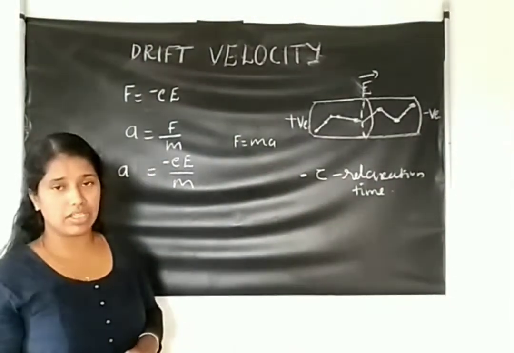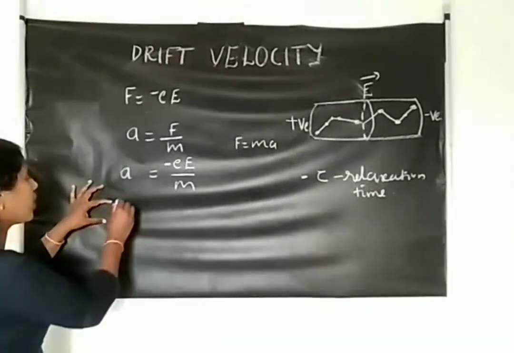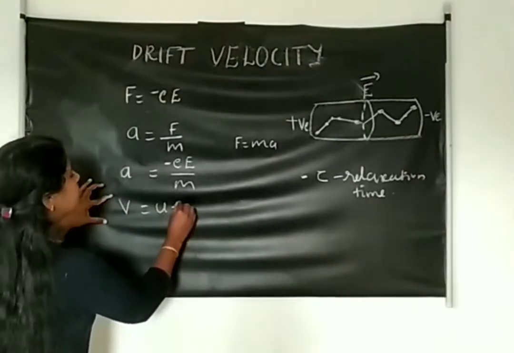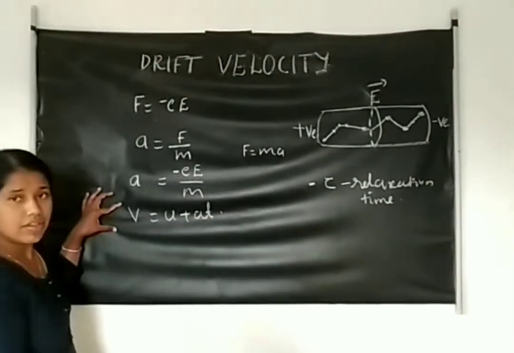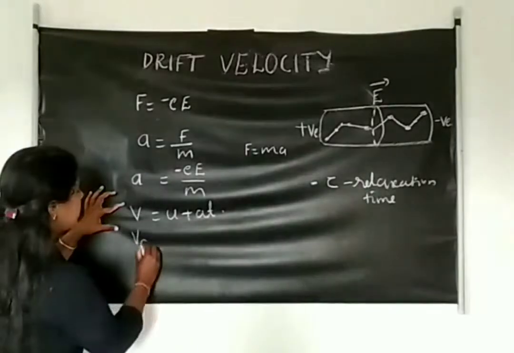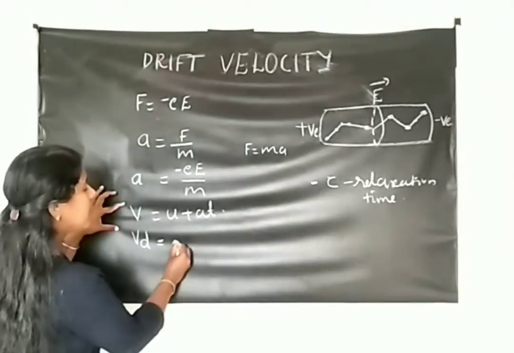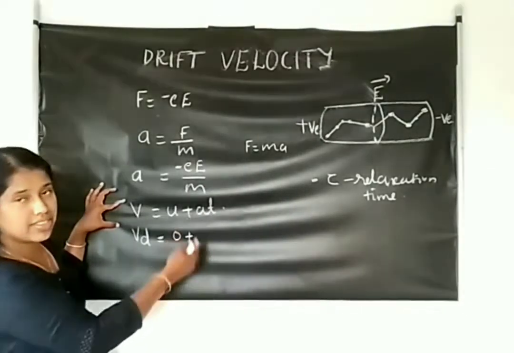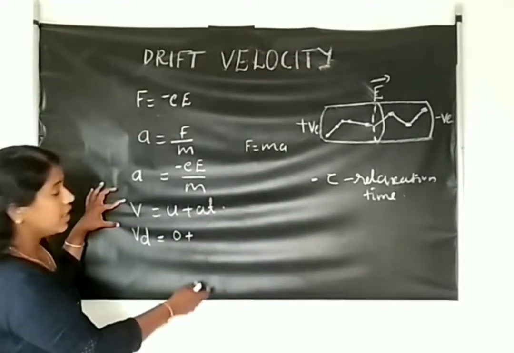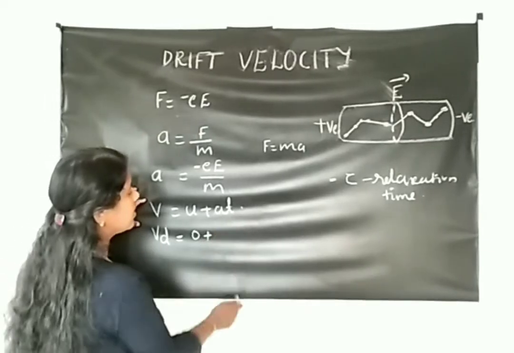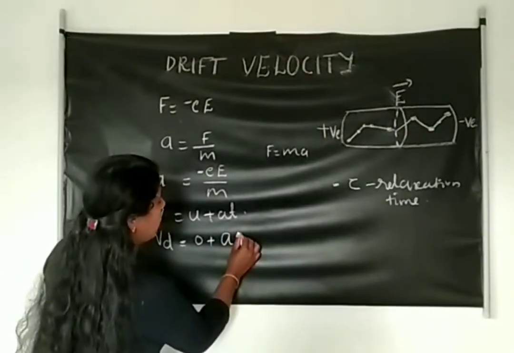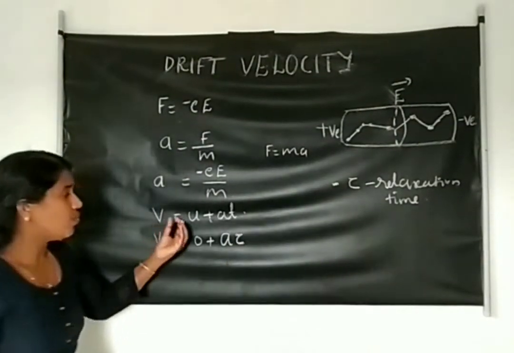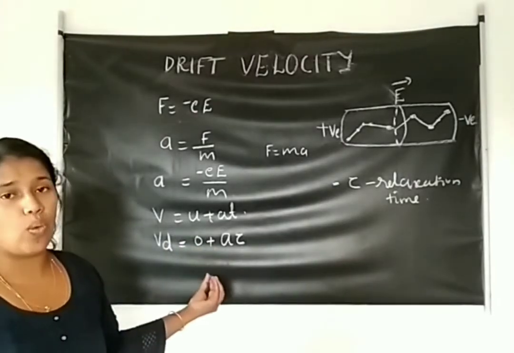Then we know the equation v = u + at. Here v is the drift velocity, and u is the initial velocity, which is equal to 0. a is the acceleration of the electron, and t is the relaxation time, so instead of t we use tau.